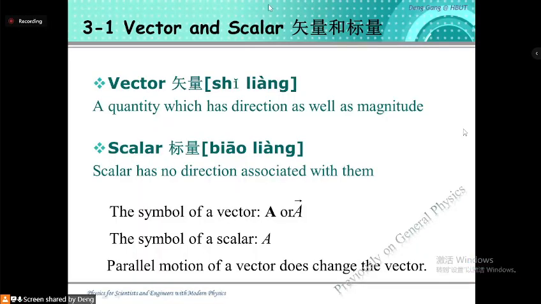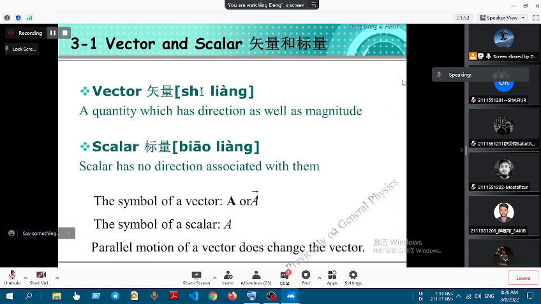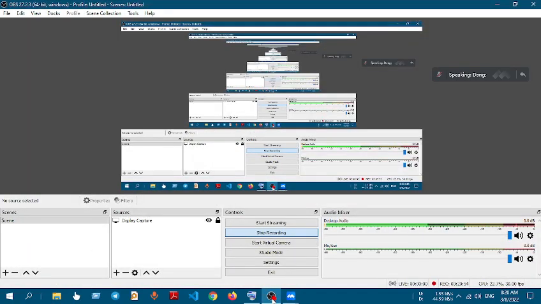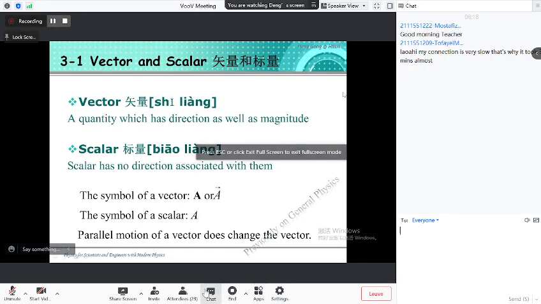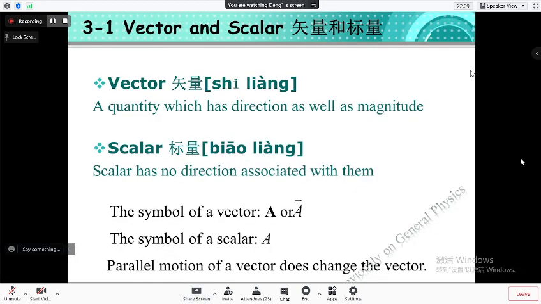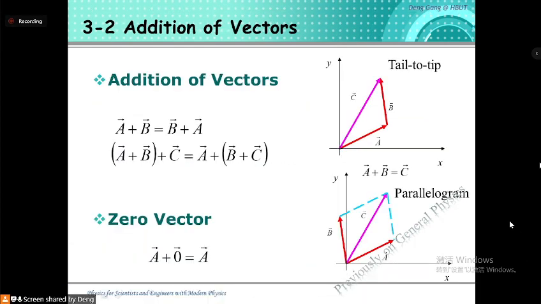Okay, previously we have introduced the vectors, like the scalars. So in kinematics in 2 dimensions, we need to use vectors to describe quantities like velocity, displacement and acceleration. We need to know how to calculate the addition of vectors, and we use tail to tip, or we can use the other method.